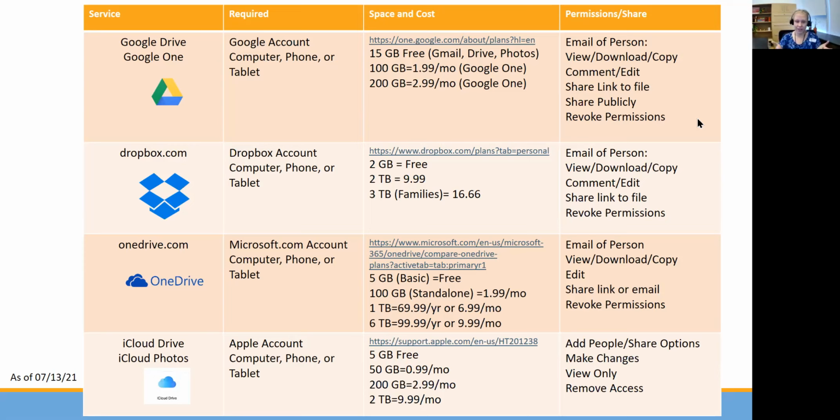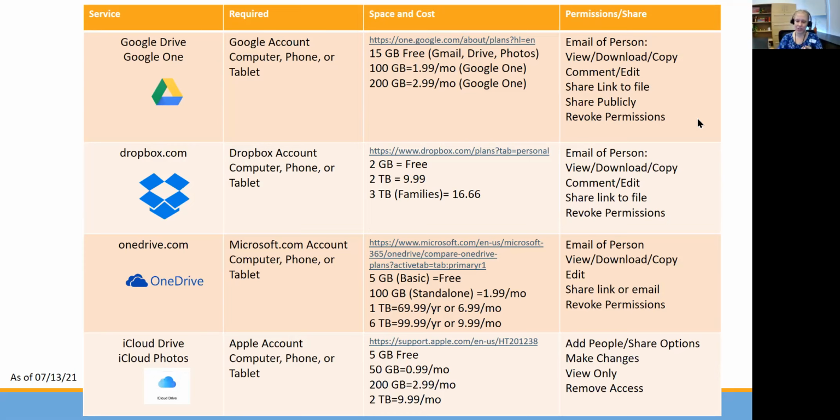With Google Drive the same thing is true: if you have a Google account, you get access to Sheets, Docs and Slides as well. So you've got to consider whether there are other things that come with these accounts that make them more beneficial to you. But you can also see that in most of the features, they all have the same sort of idea.